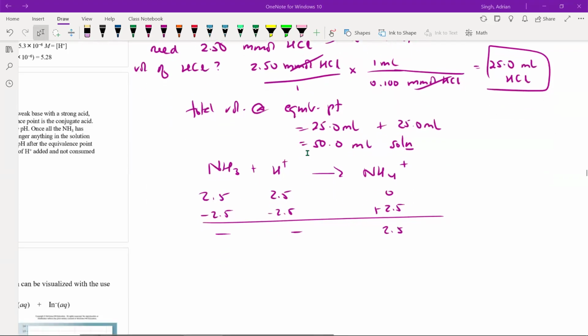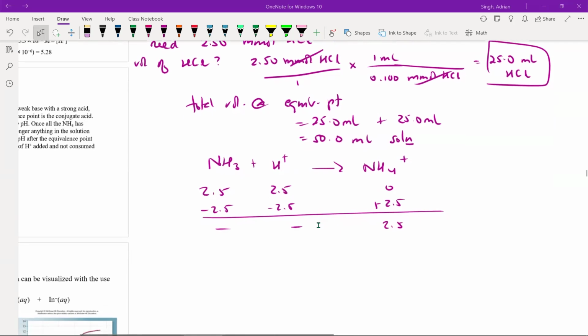We have the NH3 amount, 2.5 millimoles, and 2.5 millimoles of the H plus from the HCl. These will react in a 1-to-1 ratio, so we'll have none of these left over, but we will produce the same stoichiometric amount of the NH4 plus. So we have 2.5 millimoles produced, and the concentration of the NH4 plus would be 2.5 millimoles divided by the 50 mL. So 2.5 divided by 50 gives us 0.0500 molar for the NH4 plus.